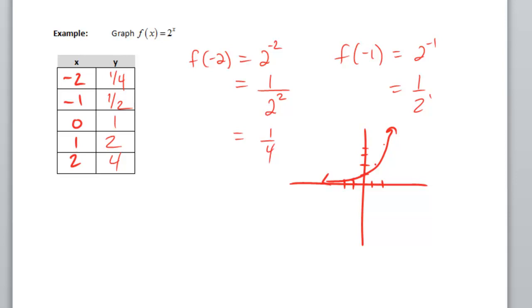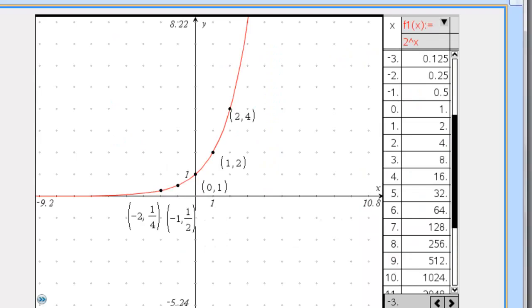Let's look at it on a better graph. There are my points. Negative 2, a fourth. Negative 1, a half. (0, 1), (1, 2), (2, 4), and that's the curve. You'll notice that as it goes to the left, it gets closer and closer to the line y equals 0, but you remember, by putting numbers into an exponent, you can't make it equal to 0.